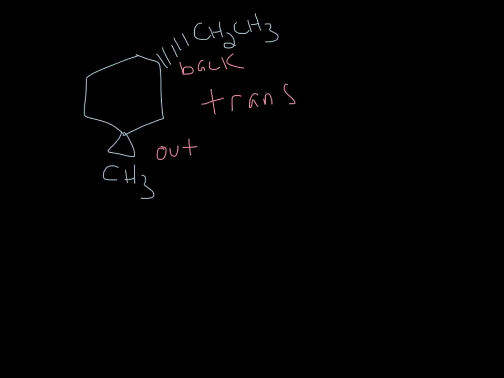So in terms of numbering here, again, I can start wherever I want on a ring. I'll always start at a substituent. Either way, I'm going to have a 1-3 substitution pattern. Ethyl comes before methyl in the alphabet, so I'll start at ethyl.